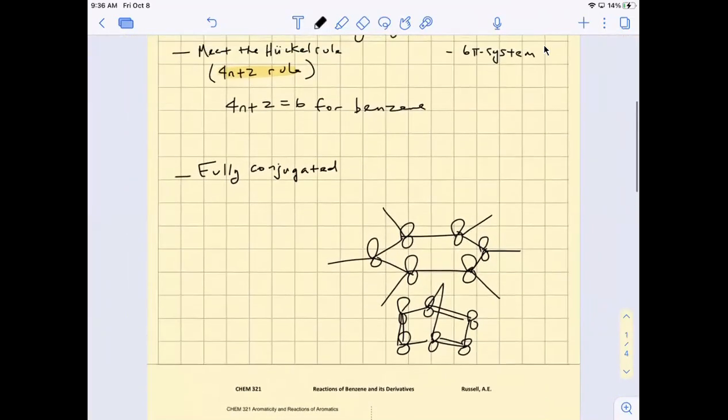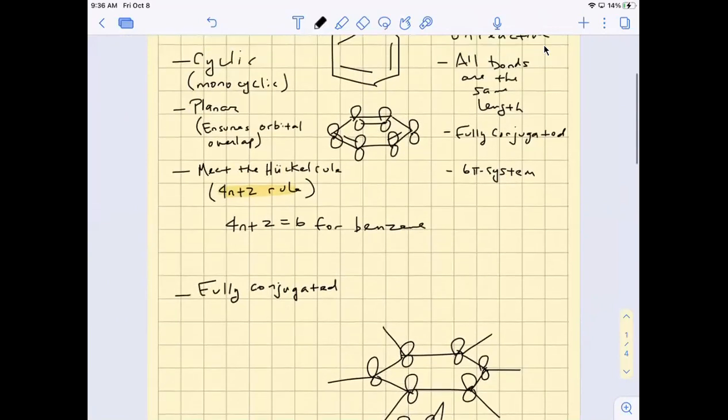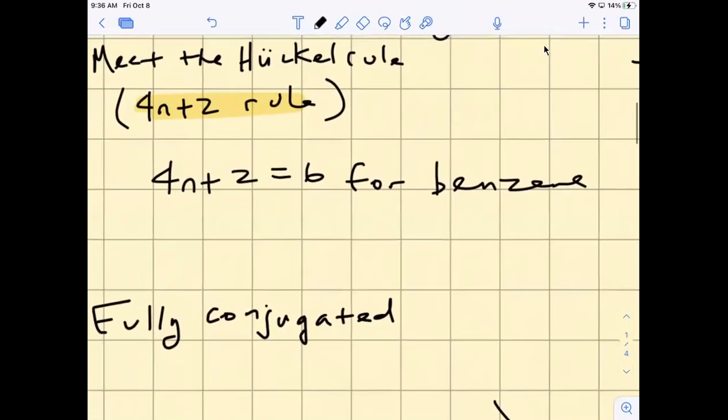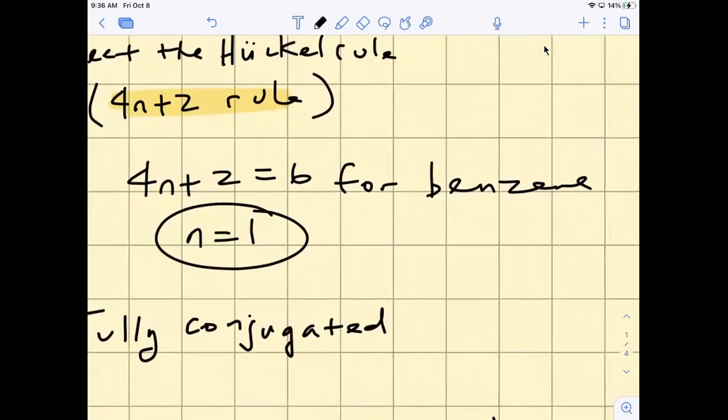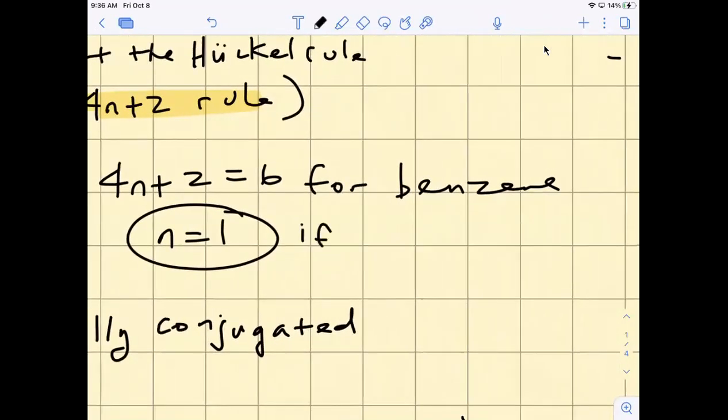All right. So back to the Huckel rule, the 4n plus 2 rule. So if I solve for n in this case, it's going to be 1, right? So if n is a whole number, then it meets the 4n plus 2 rule.